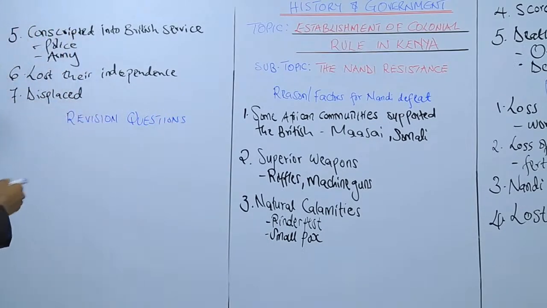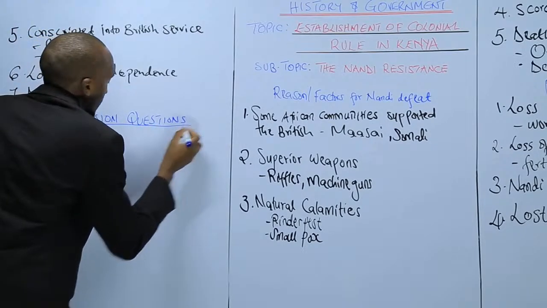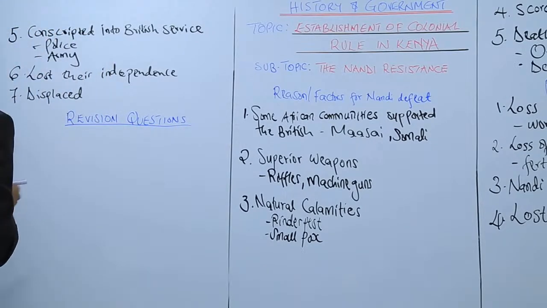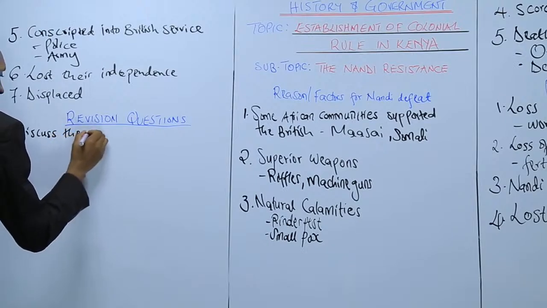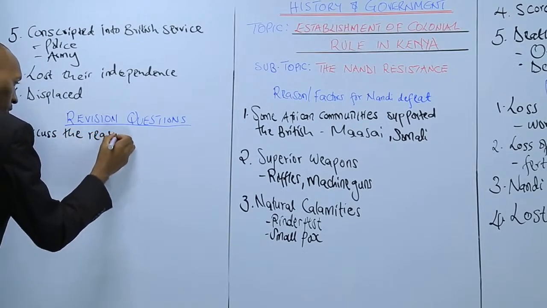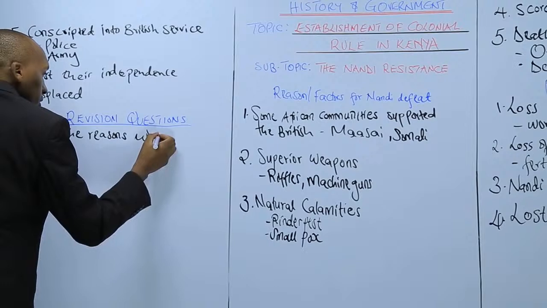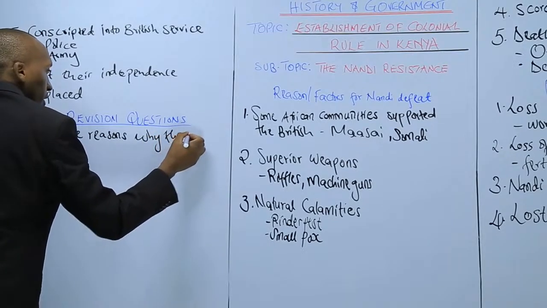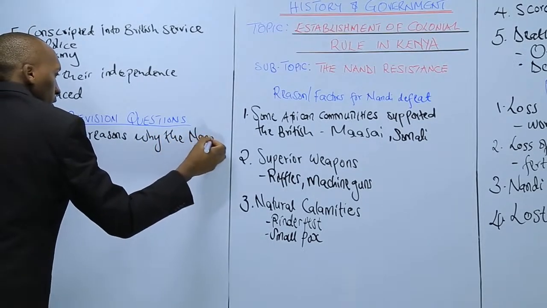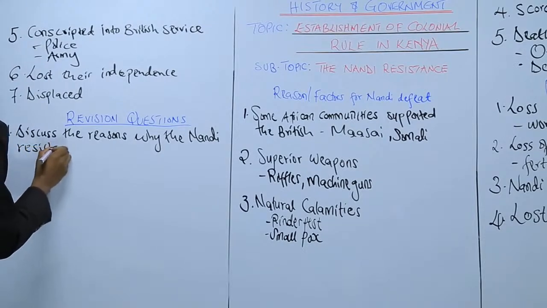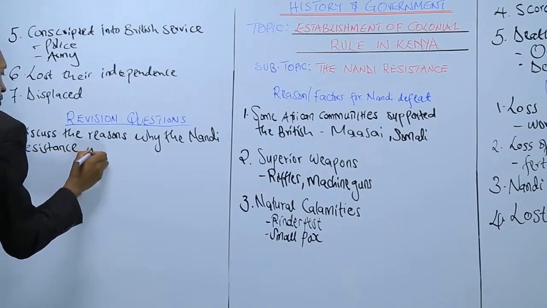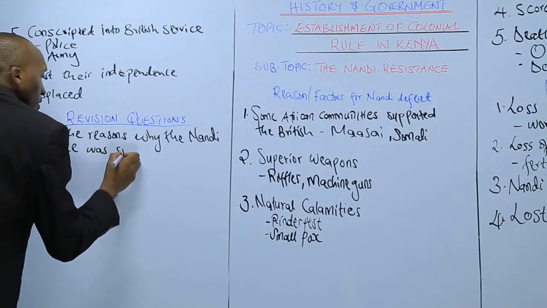The first question is, discuss the reasons why the Nandi resistance was subdued.